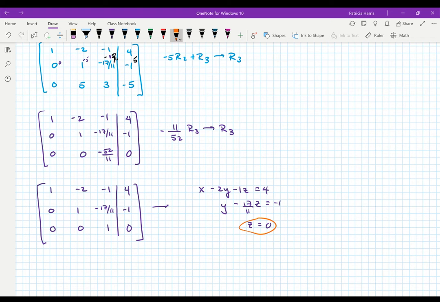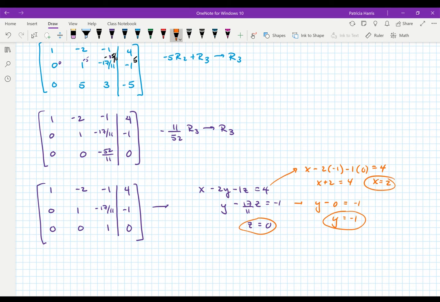If z is 0, then y minus 0 is equal to negative 1. So y is equal to negative 1. Okay, if y is equal to negative 1 and z is equal to 0, then let's go up here. x plus 2 is 4, so x is equal to 2.